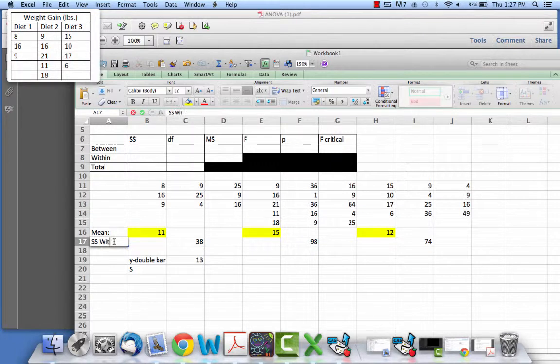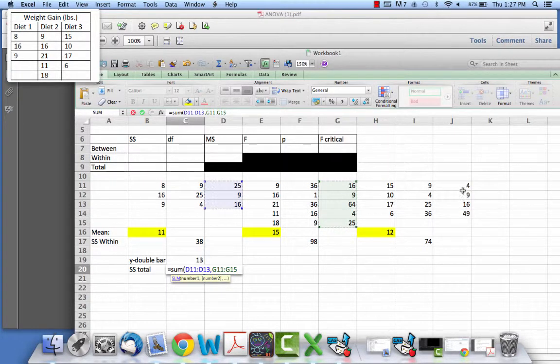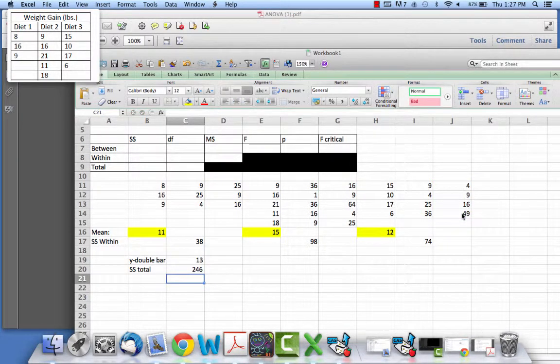So this was SS within. This, total. Well, SS within.